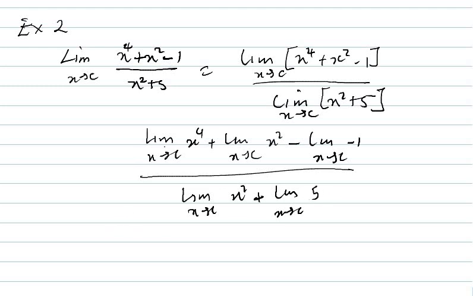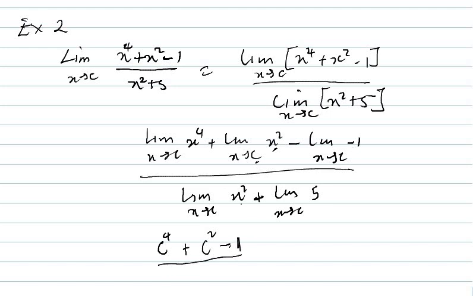For the numerator, x approaches c, so anywhere we see x, we substitute. So we have c to the power 4 plus c squared. If you substitute c here, we have c squared, then minus the limit of 1, which is just 1.